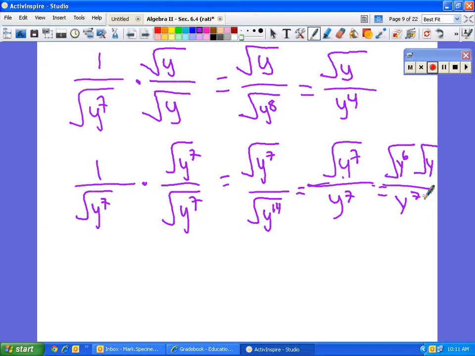So I get y to the 3rd times the square root of y divided by y to the 7th. And then what can I do with the numerator and the denominator? I can get rid of 3 of the y's, which gives me square root of y over y to the 4th.